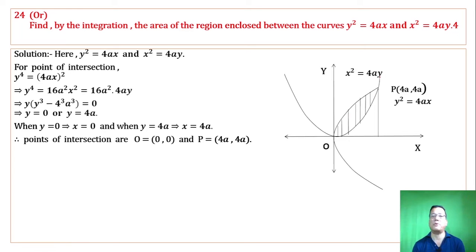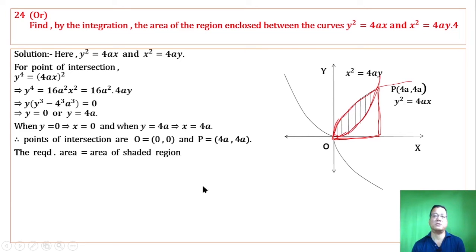The shaded region is between the two parabolas, the upper cup and the lower cup. To find the area of the shaded region, we take vertical strips. The area is the cup with the upward opening minus the x axis area under the other curve, the unshaded shape, leaving the area between them, which is the required area. The y value of the upper curve is the square root of 4ax with limits ranging from 0 to 4a, and for the other curve the y value is x square by 4a, where x ranges from 0 to 4a.